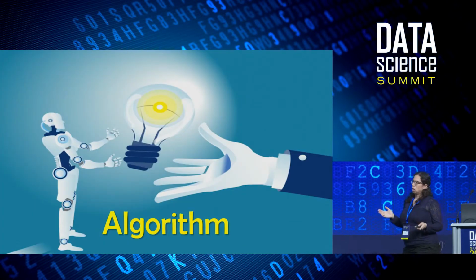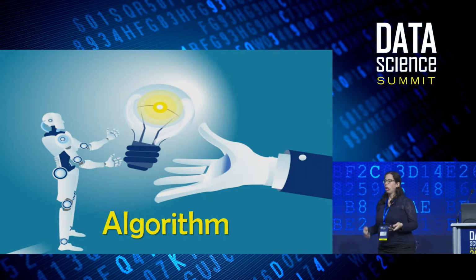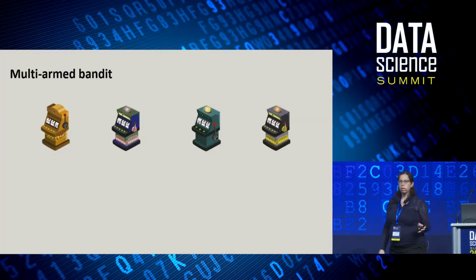So we have the data set, and we have the problem, and we need to think about a relevant algorithm. And we thought to use an algorithm based on multi-arm bandit. So let's have a quick reminder about multi-arm bandit. The name comes from one-armed machines in the casino.